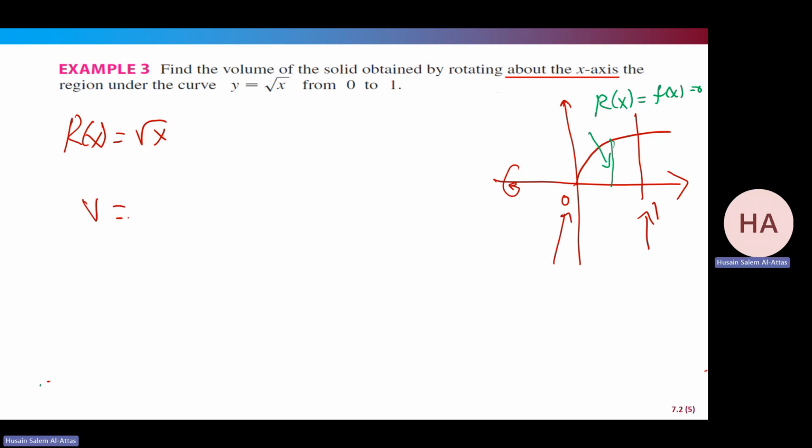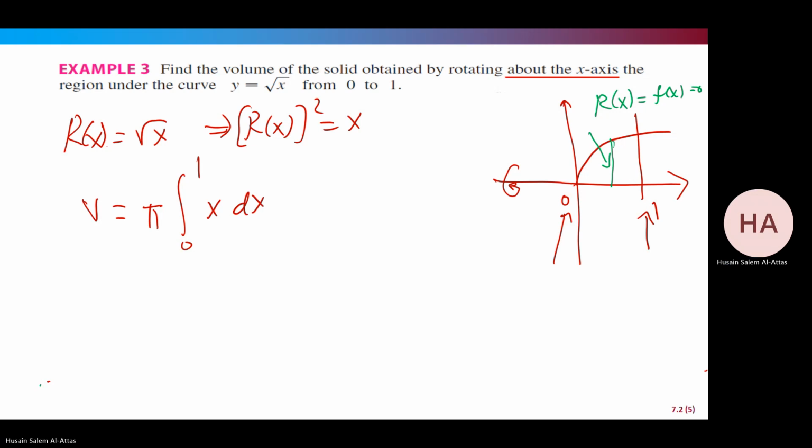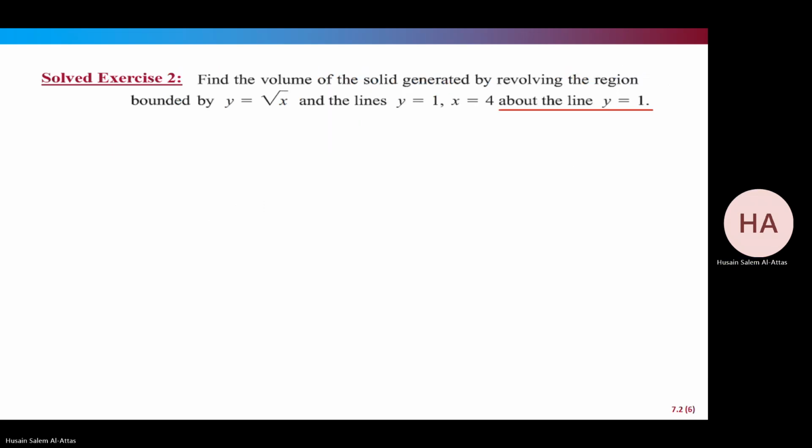So the volume will be pi times the integral from 0 to 1. What will be r squared? It will be x dx. That will be pi x squared over 2 from 0 to 1, which gives me pi over 2. And that will be the volume.